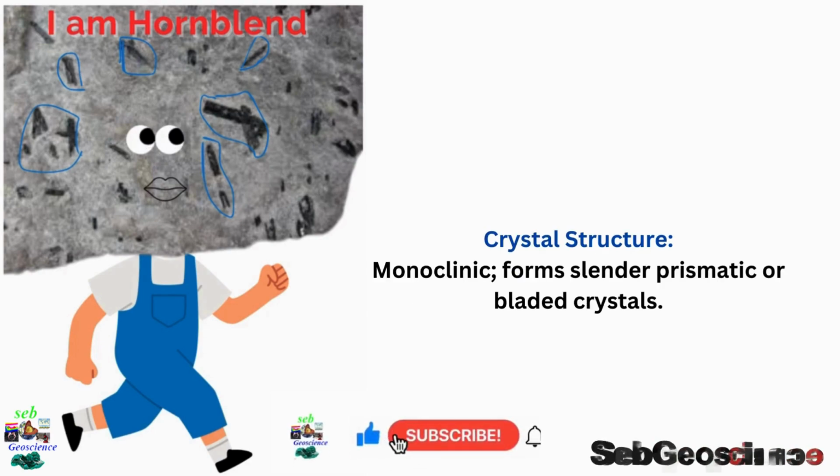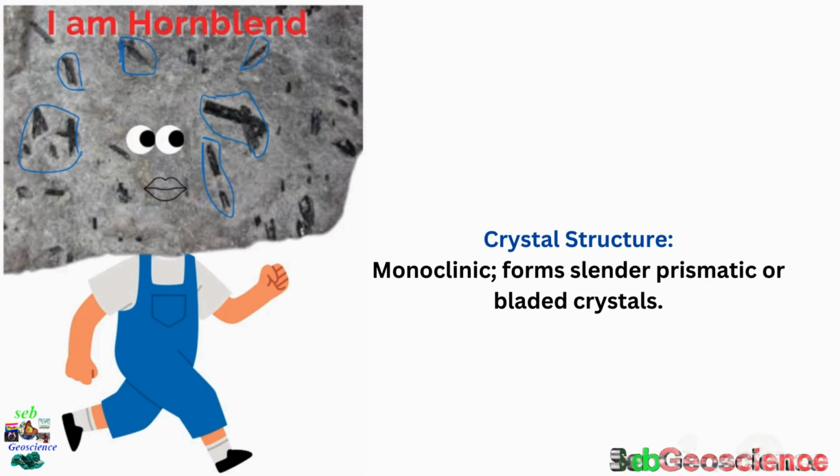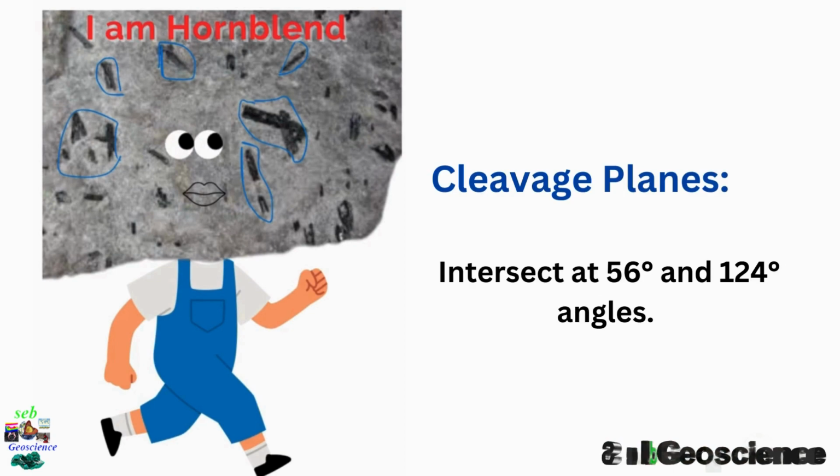The crystal structure of Hornblende is monoclinic, forming prismatic or bladed crystals. The cleavage planes intersect at about 56 and 124 degrees, two sets of cleavage.